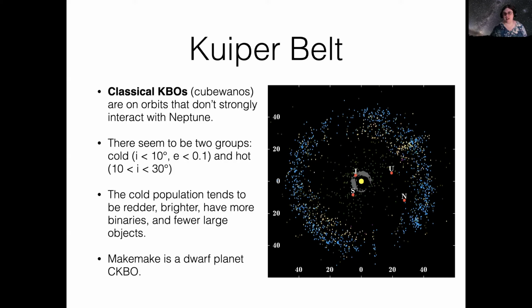The two dwarf planets we consider classical Kuiper belt objects, Haumea and Makemake, are both dynamically hot objects. Haumea is kind of ambiguous as to whether it's a classical Kuiper belt object or not. One of the examples of the cold objects is the second object New Horizons visited, Arrokoth, which we'll talk about later.